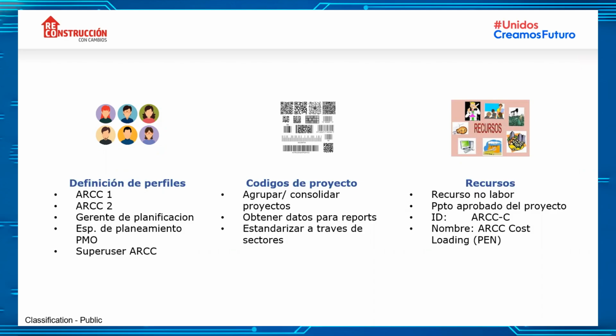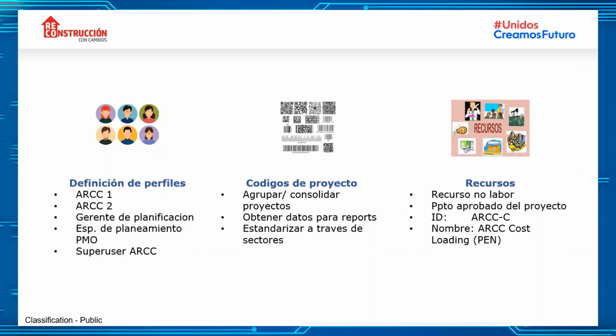We have project codes that are used to group and consolidate projects, obtain data for the reports, and standardize throughout the work streams. And that's why it's very useful that we always have the right code, that we fix the data within the Power BI and DW. The WBS have the right code, because we need to add the reports of Integrated Solutions in addition to the education, in addition to hospitals, to know pretty well how is the program going in general.